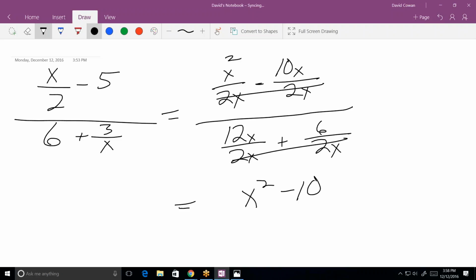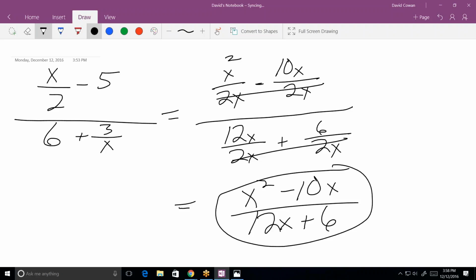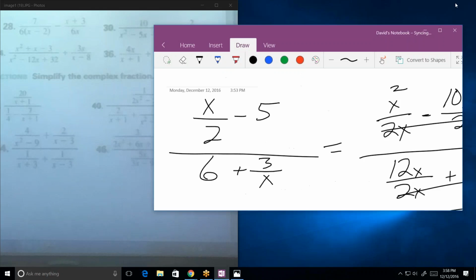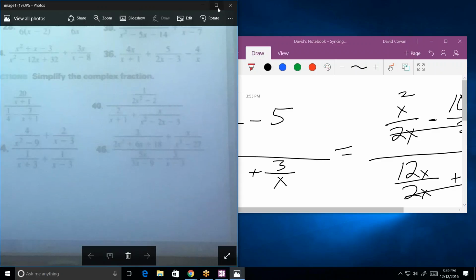And the denominator is 12x plus 6. And can I do anything with that? No, not really. I could factor a 2 out from the bottom, but it doesn't accomplish anything, so I won't. And that should be your final answer.